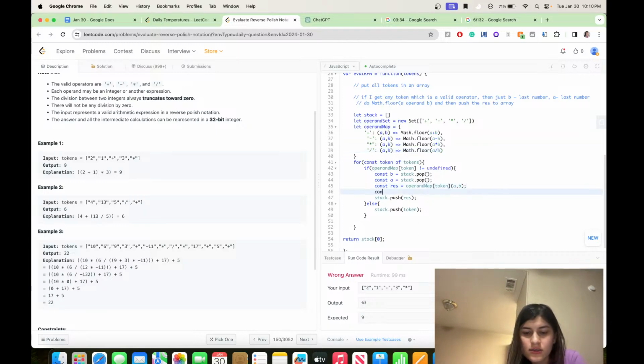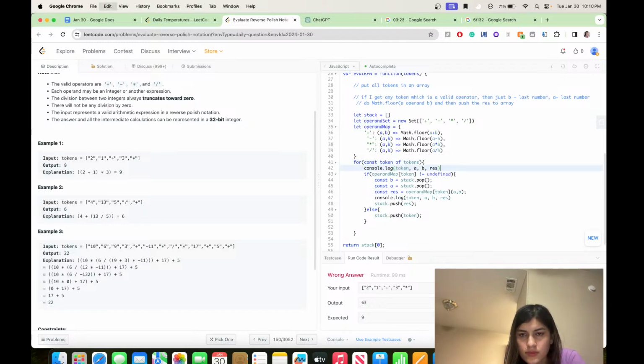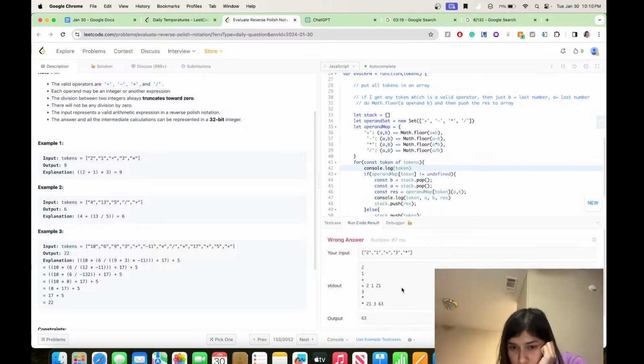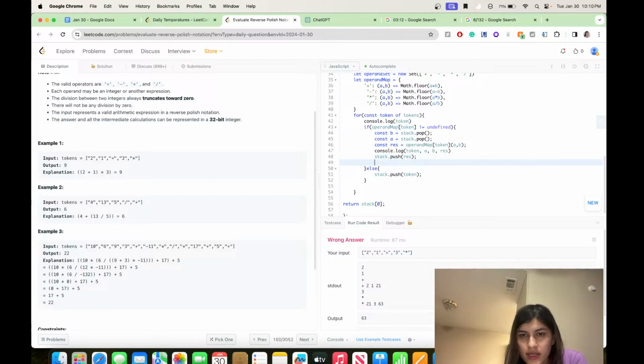So let's look at the result. Console.log token a b result. So token is 2, up to first 1 plus. Oh, I also need to pop. Stack that push. Oh, it is already popping. Actually, I need to pop. No, I do not need to do anything.